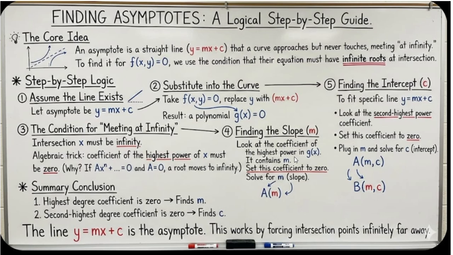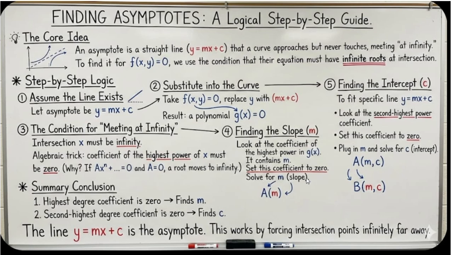The requirement is that the coefficient of the highest power in this f of x, whenever you substitute y is equal to mx plus c, is not satisfied otherwise. The condition is required so that it still extends to infinity. To make it extend to infinity, the coefficient of the highest power must tend to 0, that is, we make it 0, then only this condition will be satisfied.